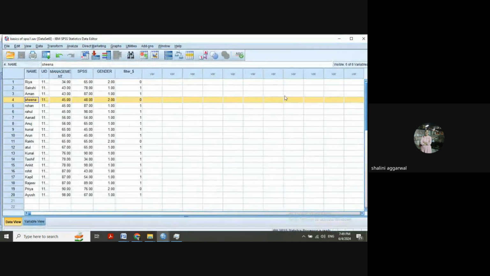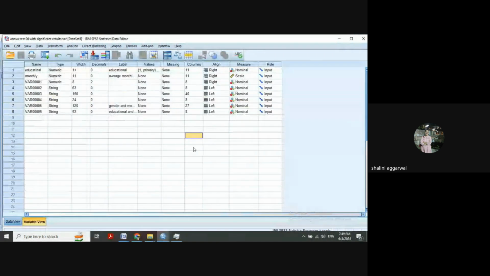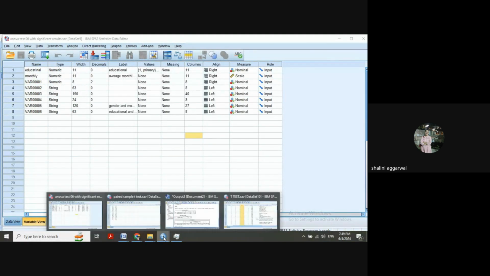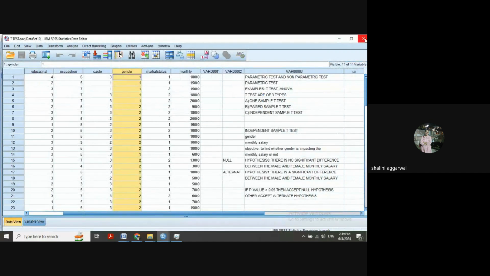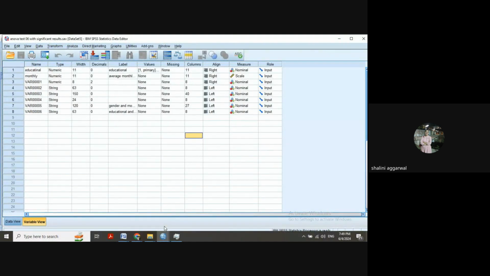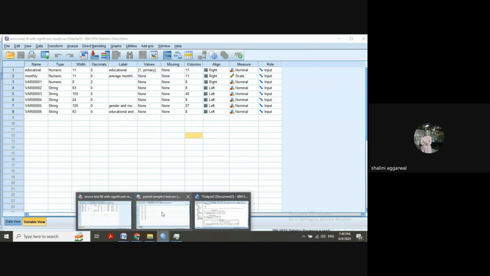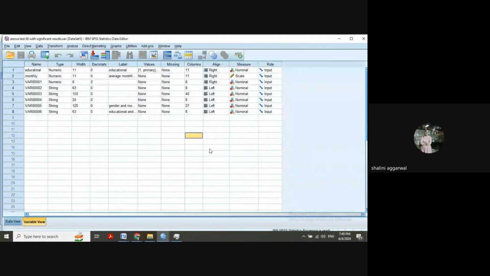Let me close down the other ones. Okay. So यहाँ पर I have taken, you can see here, two variables, education and monthly salary.